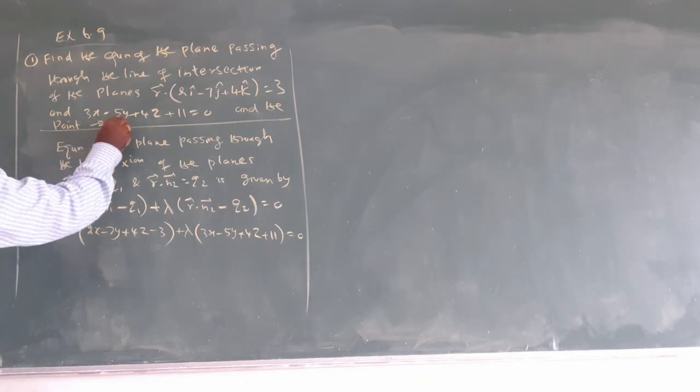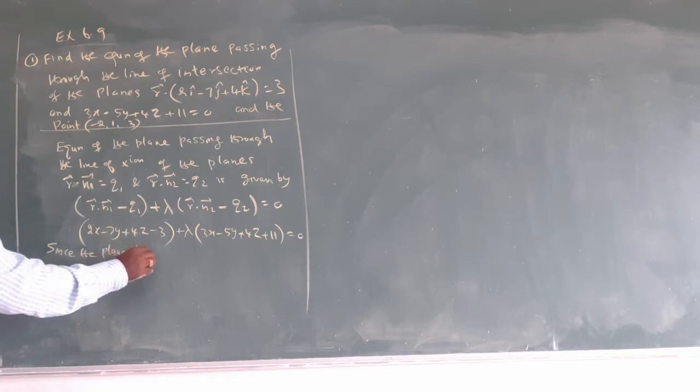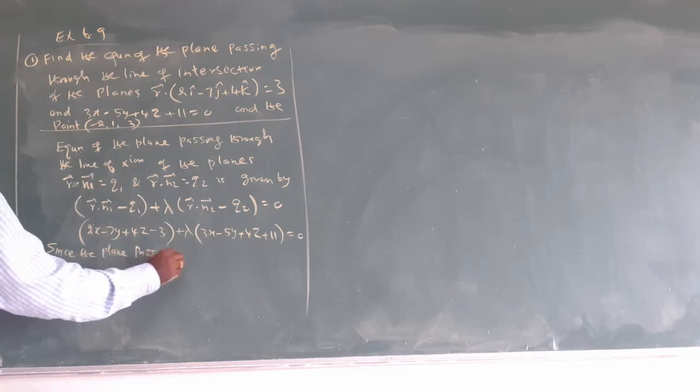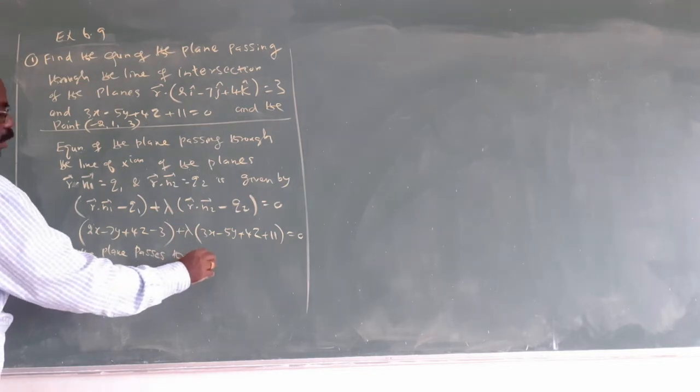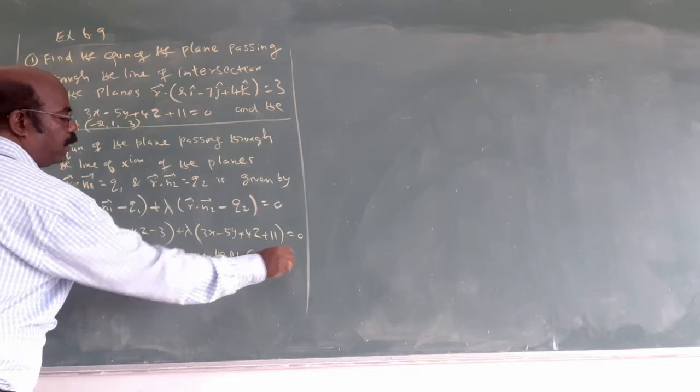Since the plane passes through the point minus 2 comma 1 comma 3.